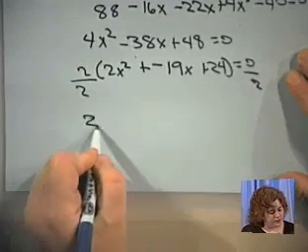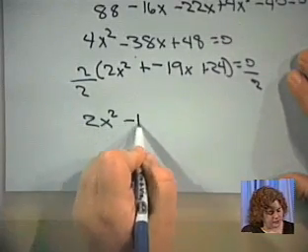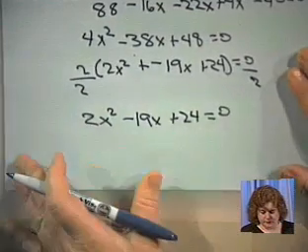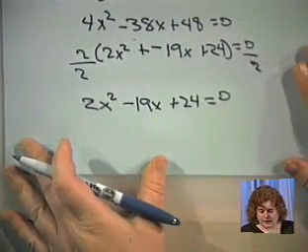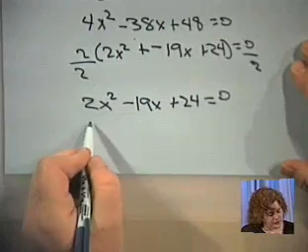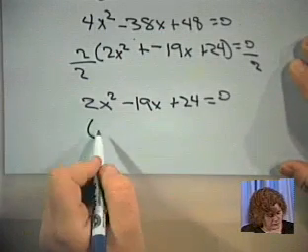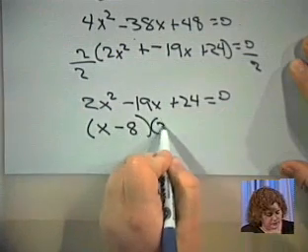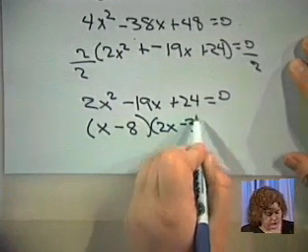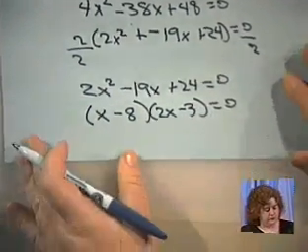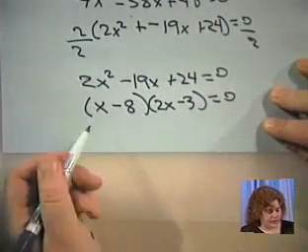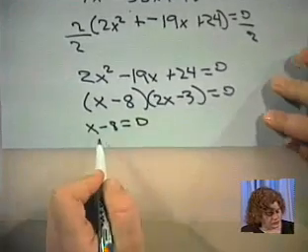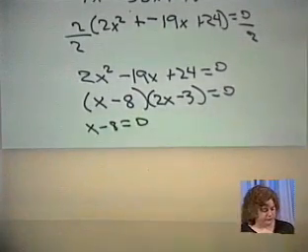And I'm left with 2x squared minus 19x plus 24 equals 0. I will not write out the product sum table, but I will just say that this factors into x minus 8 times 2x minus 3 equals 0. Setting each factor equal to 0, we have that x could be 8.